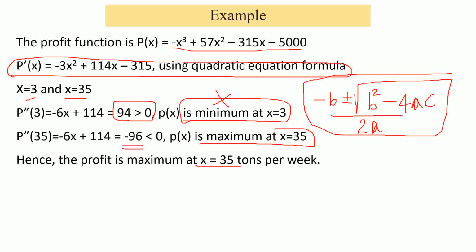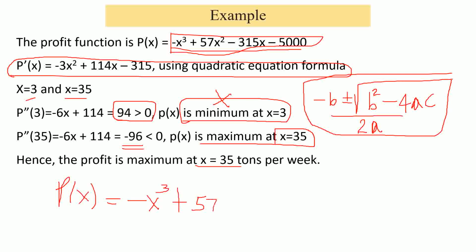We can get the maximum profit by substituting 35 into the profit equation, that is, minus x cubed plus 57x squared plus 315x minus 5,000.